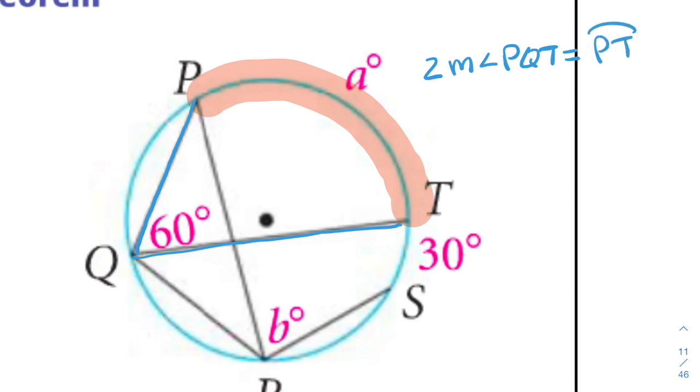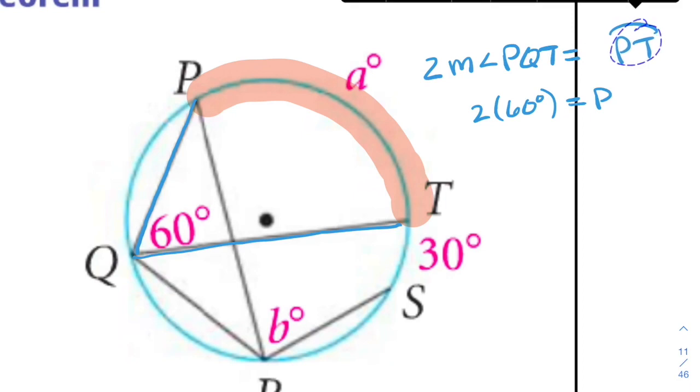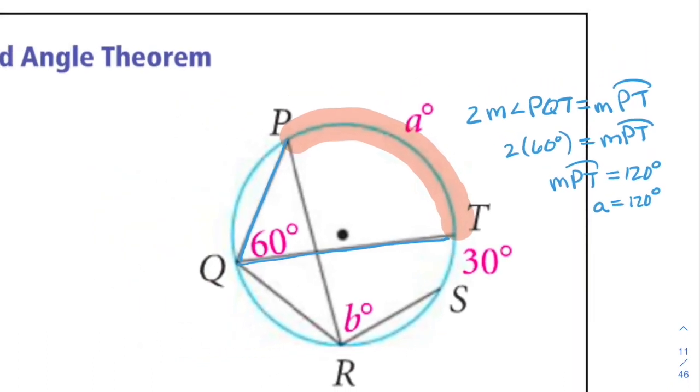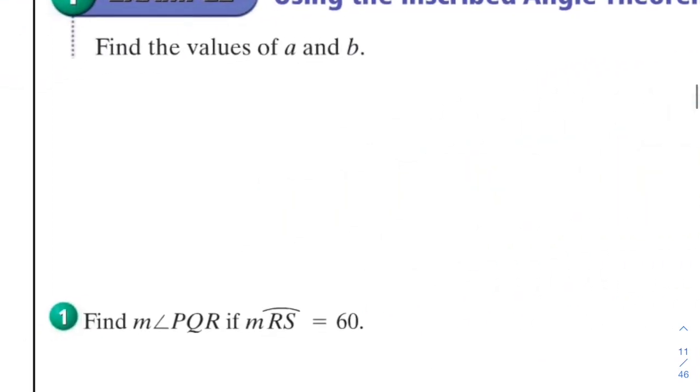So I'm going to double it: 2 times 60 degrees is equal to the measure of arc PT. So the measure of arc PT is going to be equal to 120 degrees, making A equal to 120 degrees. So A equals 120 degrees.